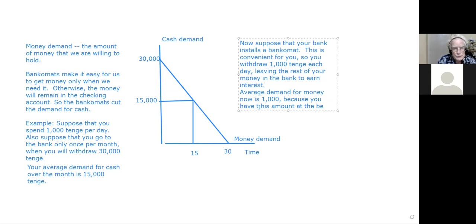And then by the end of the day, you have spent the 1,000 tenge and then go back to the bankomat. In short, the bankomat reduces the demand for money.